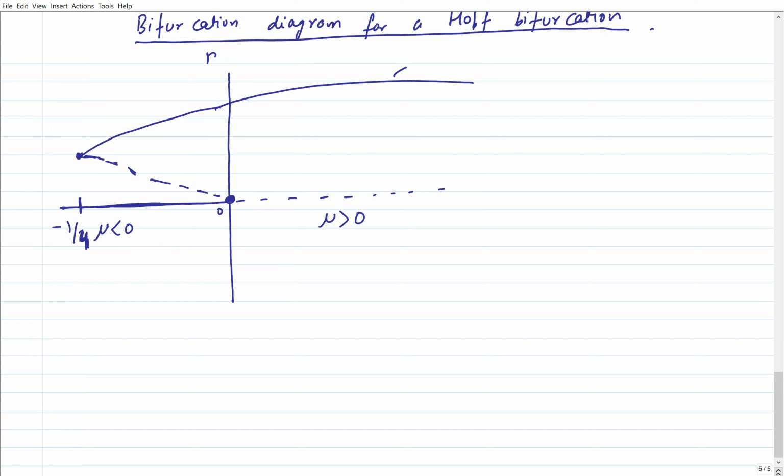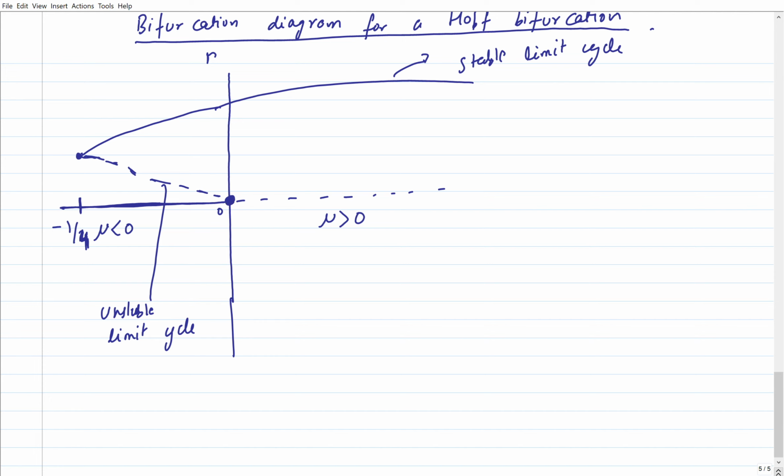And this was the stable limit cycle. This was the journey of the unstable limit cycle. And what do I have?